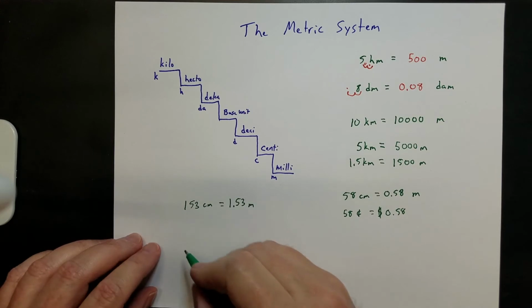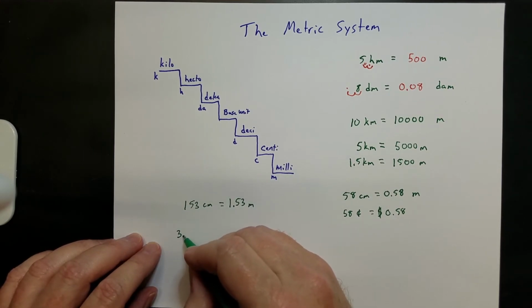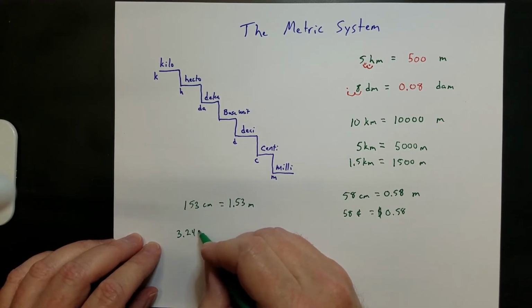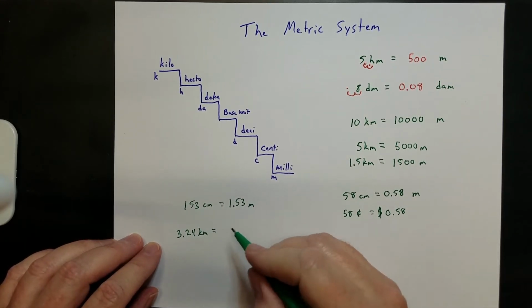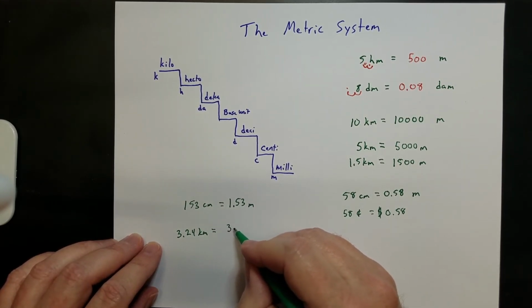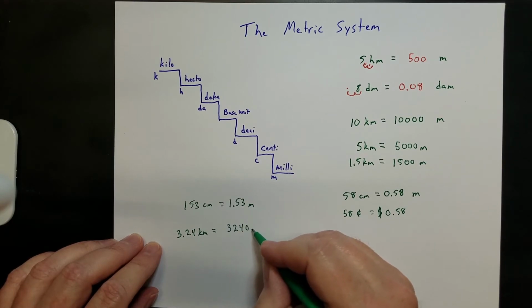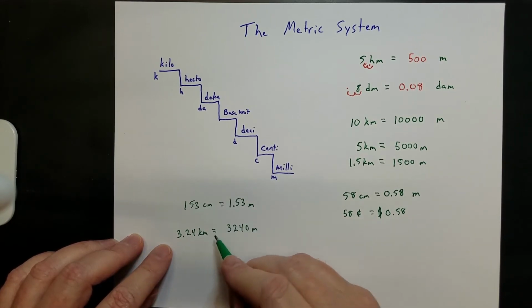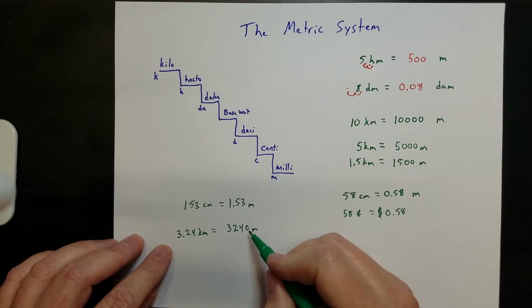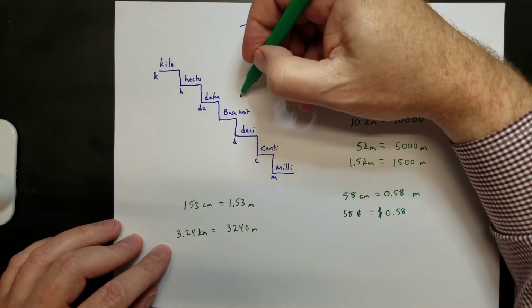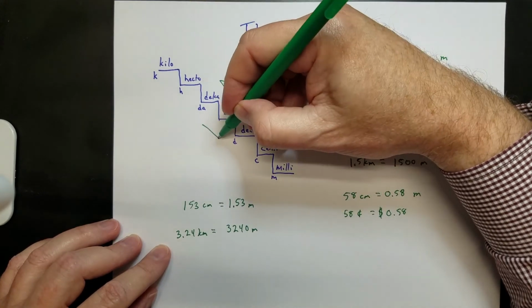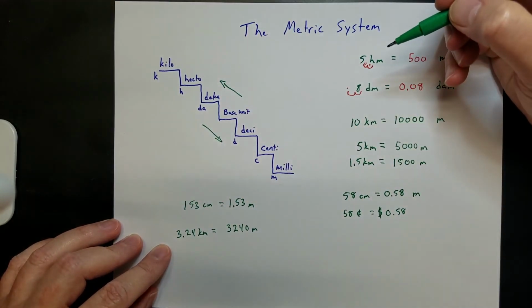And if you have 3.24 kilometers, you're going to have 3,240 meters, because K means 1,000. You multiply by 1,000. So all you have to do is think about whether you're going up the ramp or down, okay, as far as making those conversions.